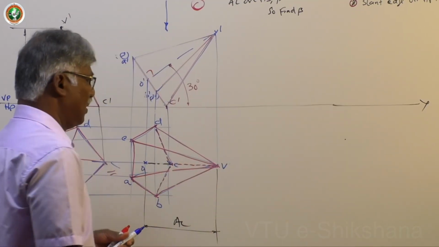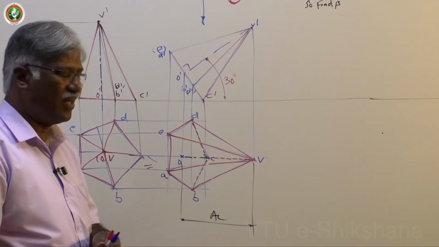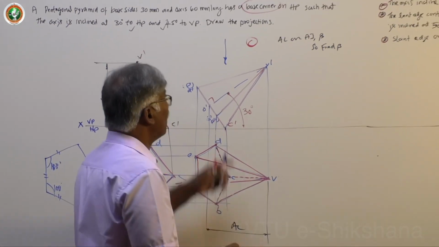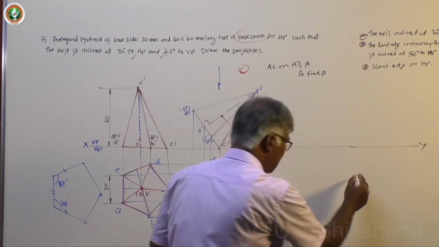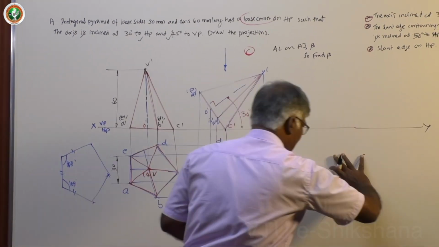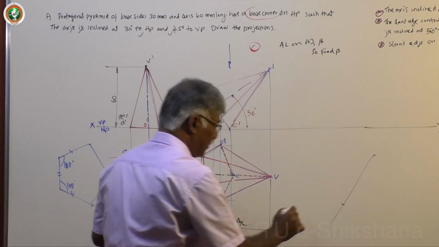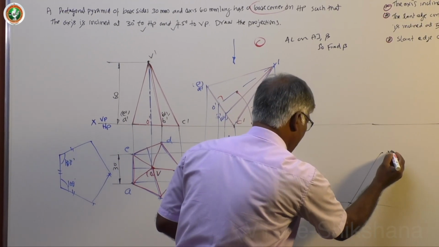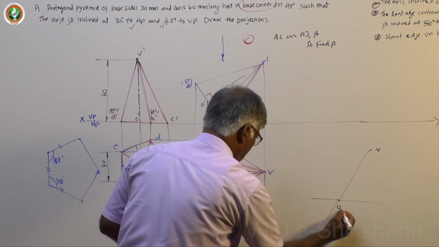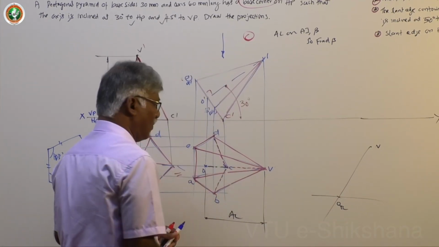This is V. I always prefer to take the base towards the observer. Then 45 degree is the line; draw the 45 degree line and take the true length of the line. Then this is V, and this is O of true length, OV of true length.